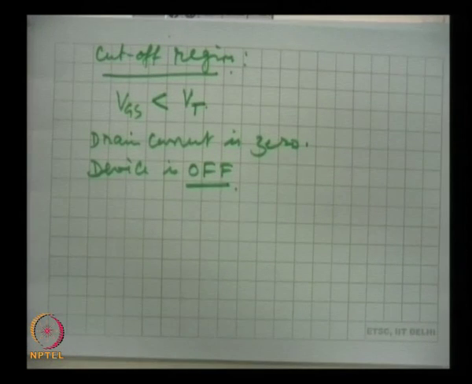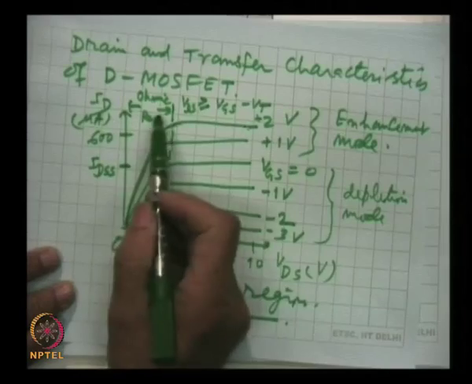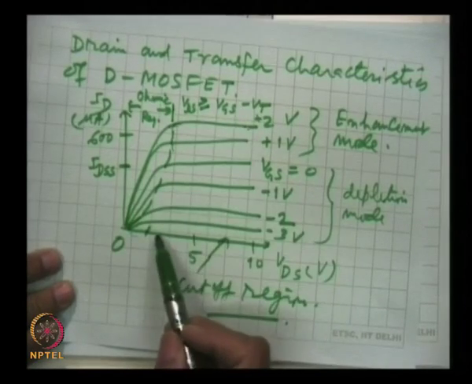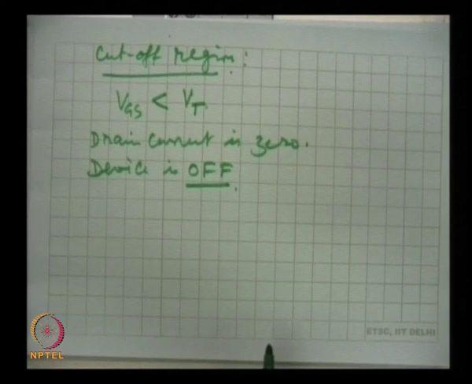These are the three regions of the drain characteristics of the depletion MOSFET: ohmic region, saturation region, and this region is cutoff region where the device is off.